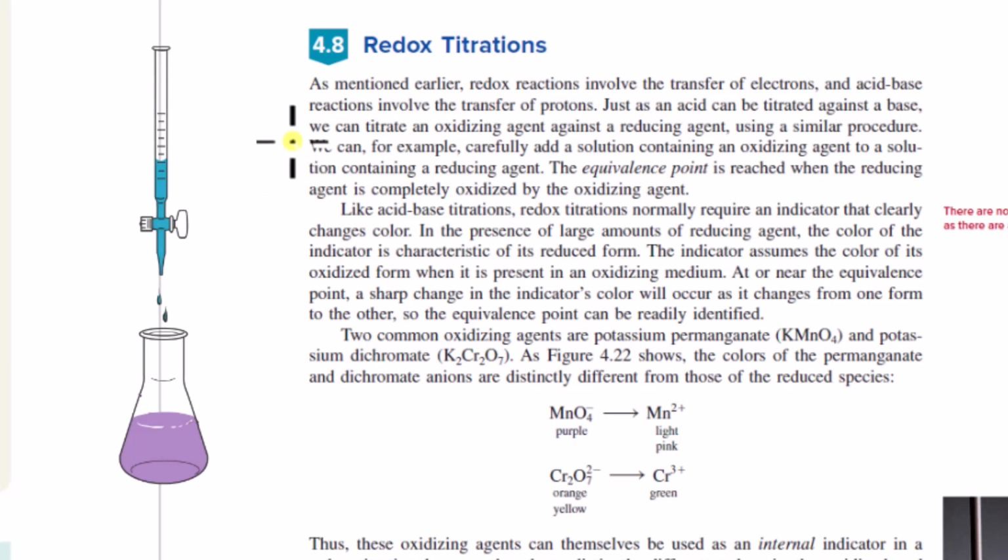But instead of titrating an acid against a base or vice versa, as with acid-base titrations, with redox titrations we're titrating an oxidizing agent against a reducing agent or vice versa.